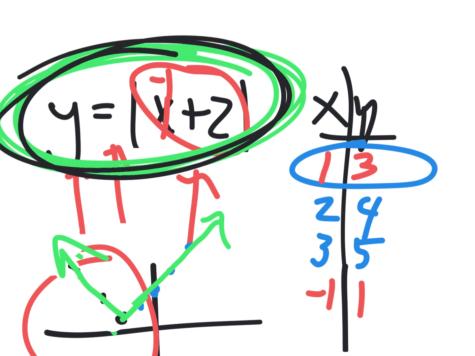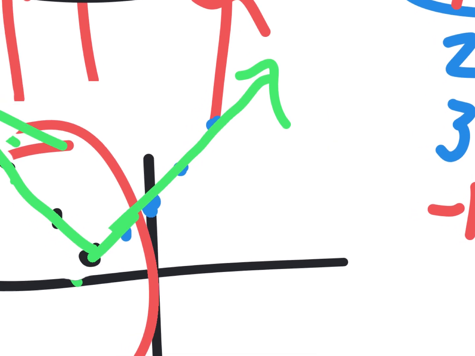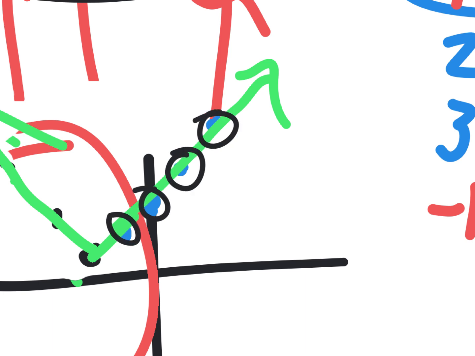Yes? When you put in a point that doesn't touch the V shape. So there's nothing wrong with these points. These were all good points. But if I only graph those, I'll have a straight line.